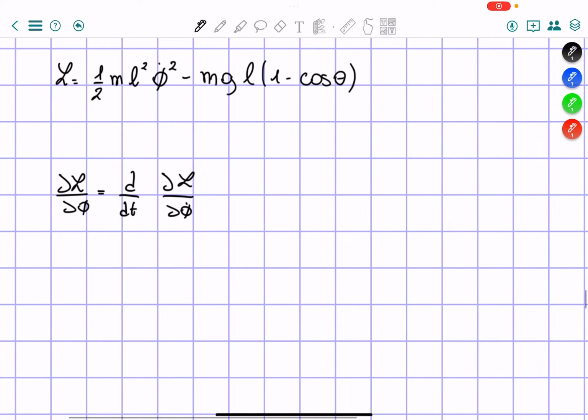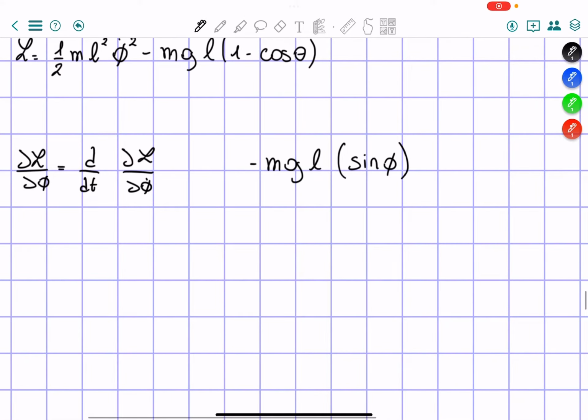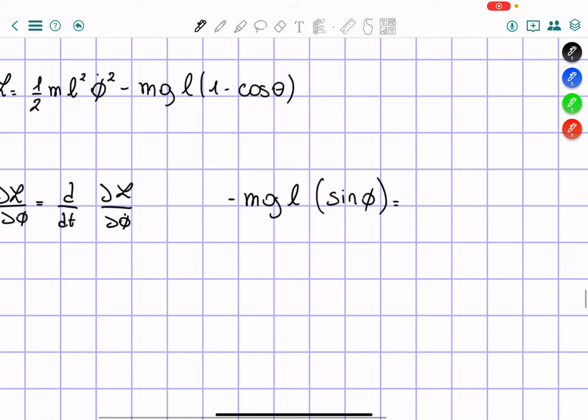So from the first side, we're going to get negative mgL times, then we're going to have a negative cosine. The derivative of negative cosine is going to be positive, so sine of phi, and the derivative of 1 will be 0. And then on the other side, d over dt of the partial derivative of L in terms of phi dot, so we're going to take the first part only.